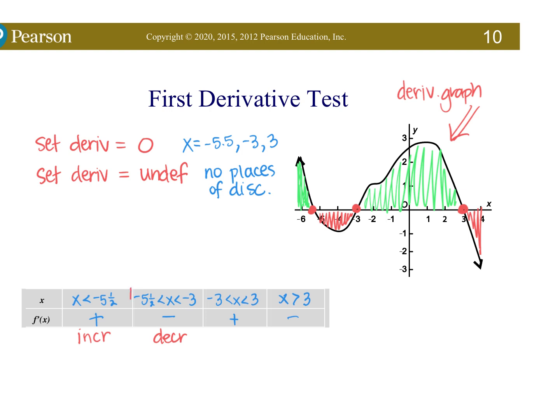And if it does go from increasing to decreasing, then we're going to have a max in between those two intervals. And then when it changes from decreasing back to increasing, we're going to have another min. And then again, as it changes from increasing back to decreasing, we will have another max. And there are no endpoints on this, because my original graph didn't have endpoints.